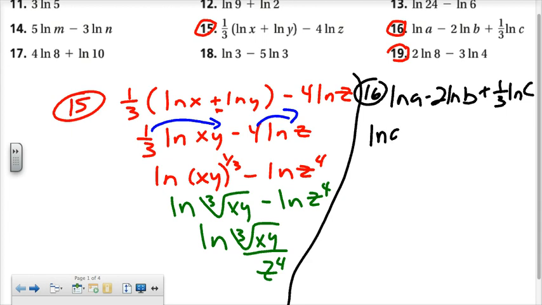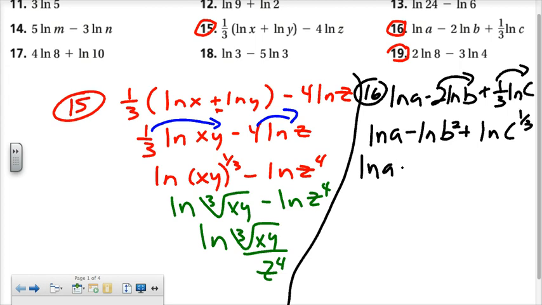The first one is to the first power, but then the next term we need to put that 2 back up there, so natural log of b squared. And the next term we need to put that 1/3 back up as a power. Now, 1/3 power is the same thing as cubed root. I'm going to go ahead and change that right now before we get too far with this problem.